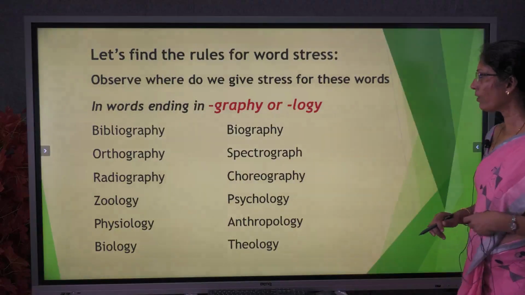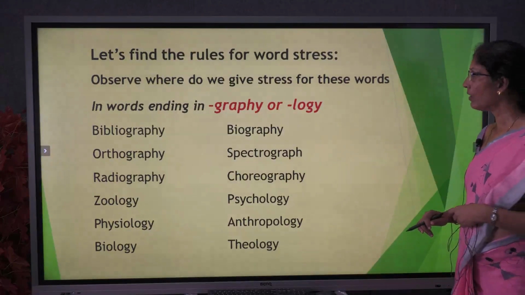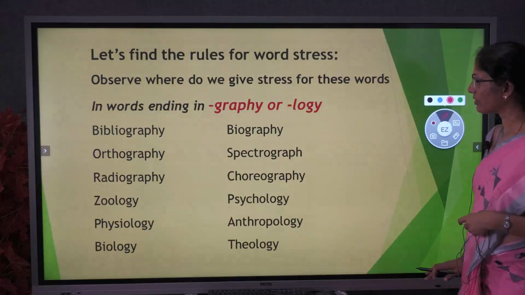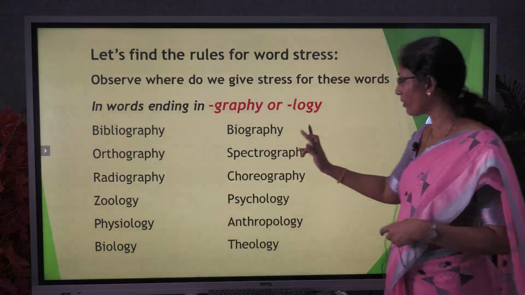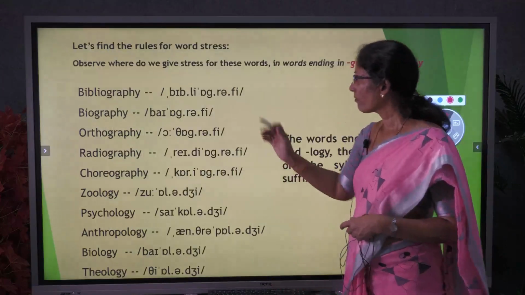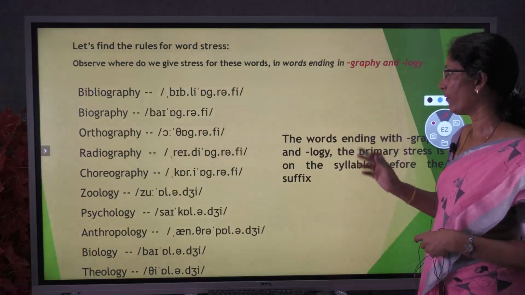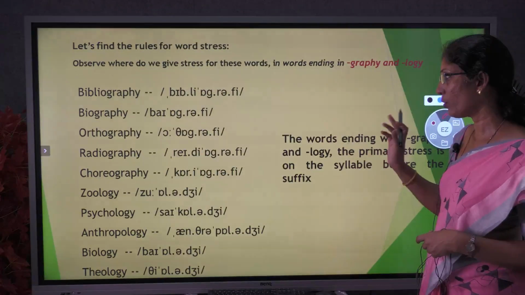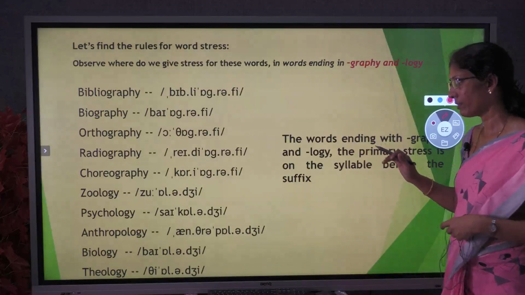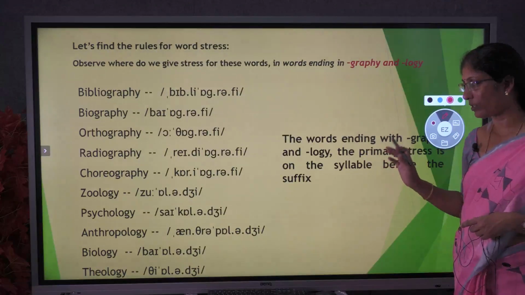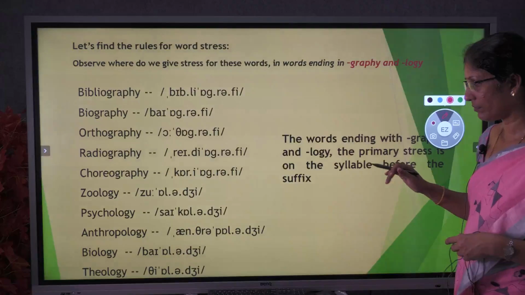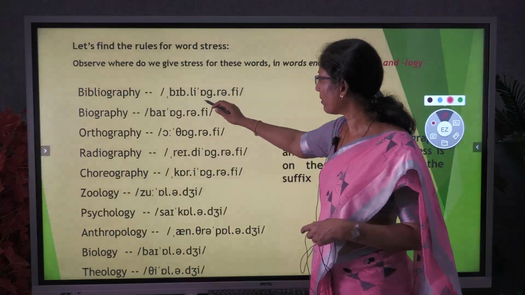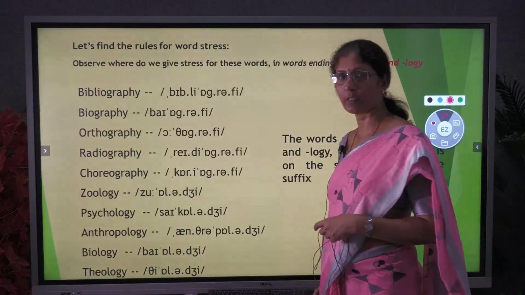Next, GRAPHY or LOGY. When these suffixes are added, the stress is also on the syllable before the suffix. Bibliography, biography, orthography, radiography, choreography, zoology, psychology, anthropology, biology, theology. So the syllable before the suffix.